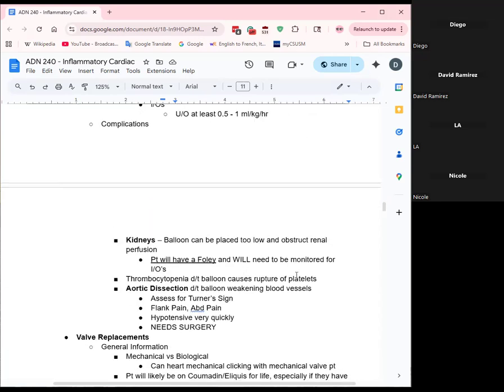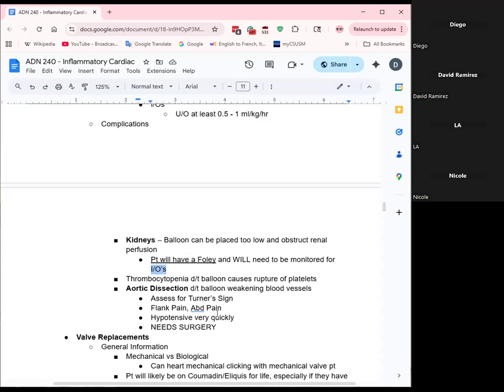Okay. So some of the complications we mentioned, it could be occluding the kidneys. So the patient needs to be monitored on their eyes and nose. You can have a Foley in order to get a very accurate, strict eyes and nose, or they should have a Foley.